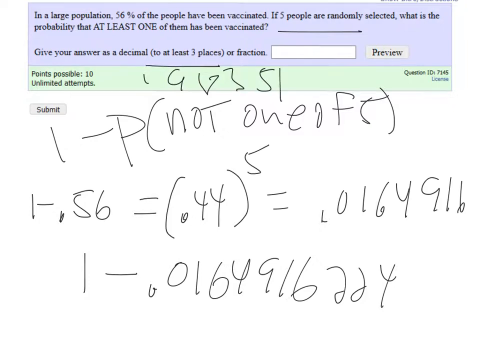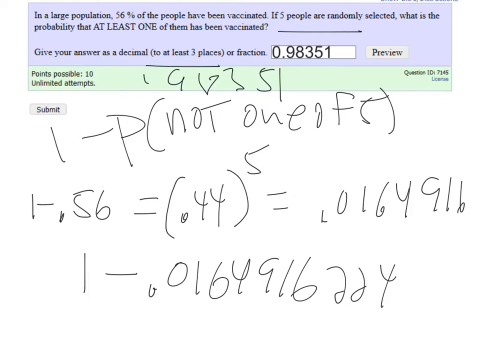They're saying at least 3 decimal places, so maybe I better type that, because I can barely read that, and I know what I wrote. So 0.9835, and then I'm going to round that to 1. That probably would be something that my Open Math would accept.